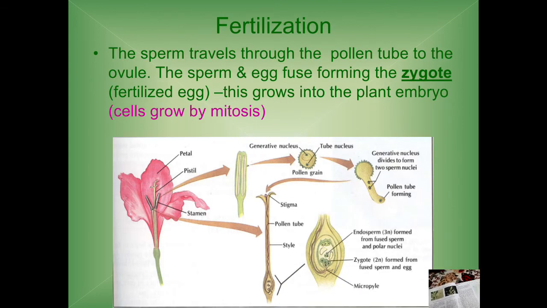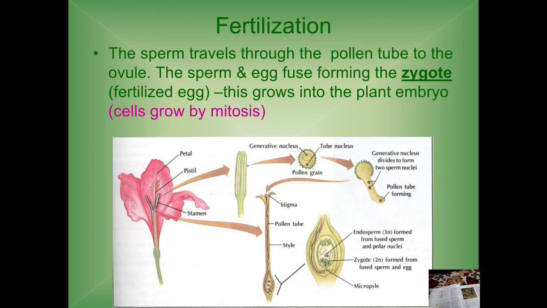Next is fertilization. When pollen grains transfer from anther to stigma, after that fertilization occurs. So what is fertilization? In this phenomenon, male and female gametes fuse and form a cell, and this cell is called zygote.